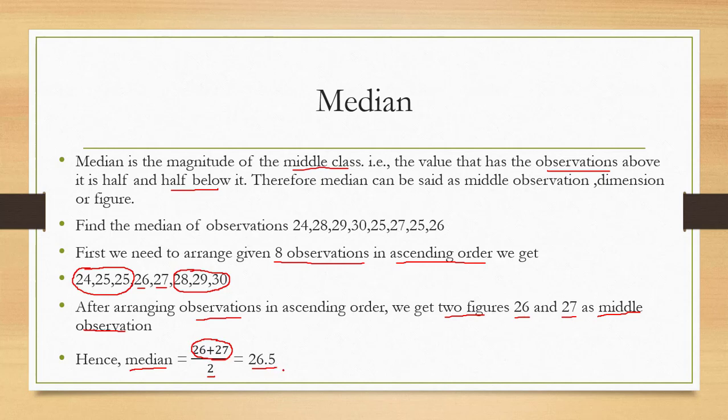So median will be the value at which half of the observations are above and half of the observations are below that value. So please remember that for a given series of observations, we need to order the observations in ascending order, and then we can find the median.